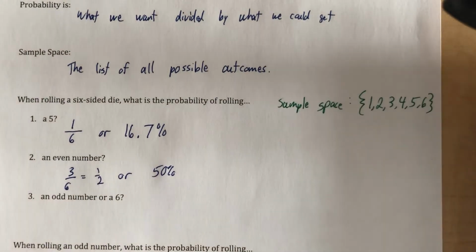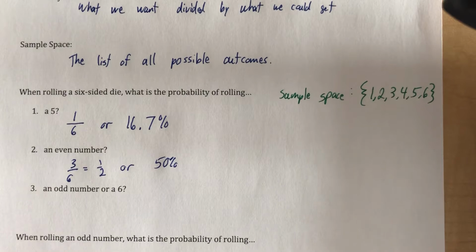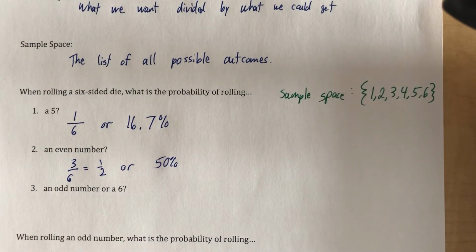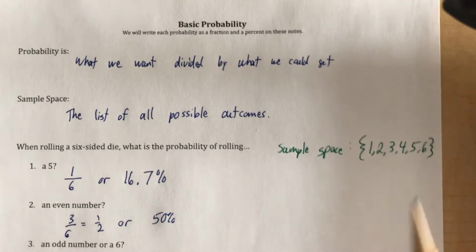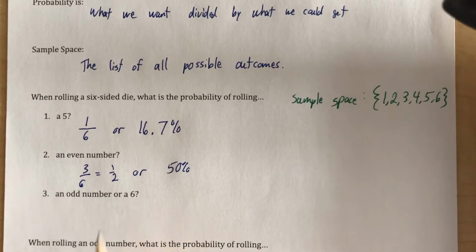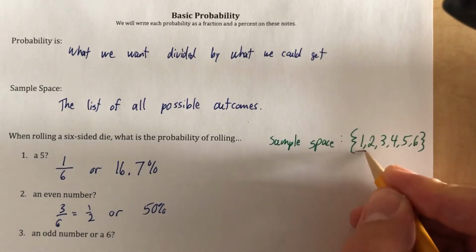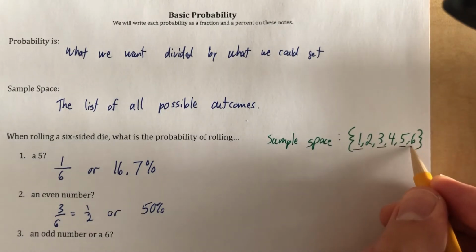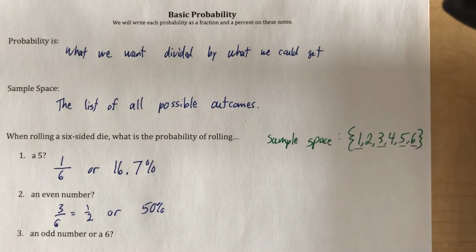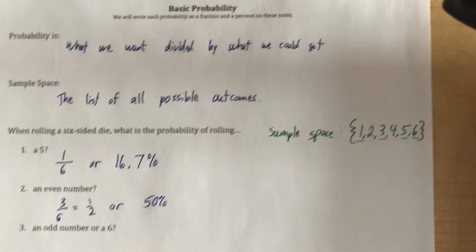There's your process. Okay, and now the sample space really comes in handy because it's easy for us to lose track of what we've counted and what we haven't counted. So my sample space right here, 1, 2, 3, 4, 5, 6. I want an odd number or a 6. So an odd number, like 1, 3, 5, or it needs to be a 6. There's your 6. I just underlined 4 different numbers.